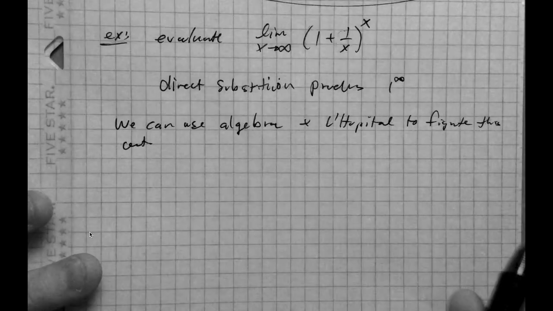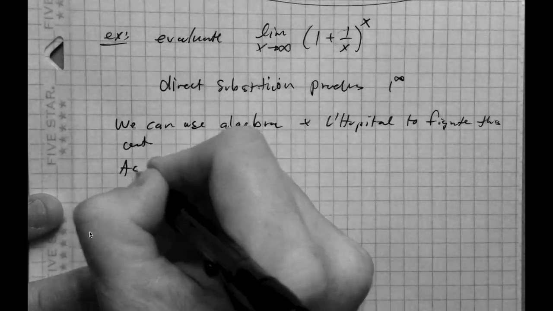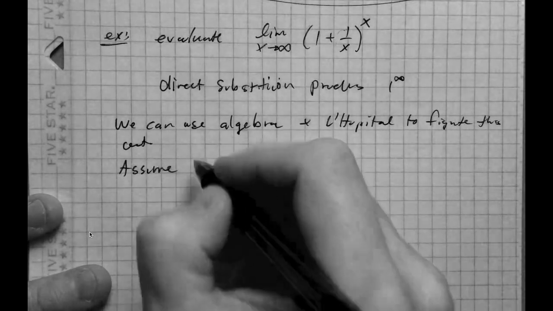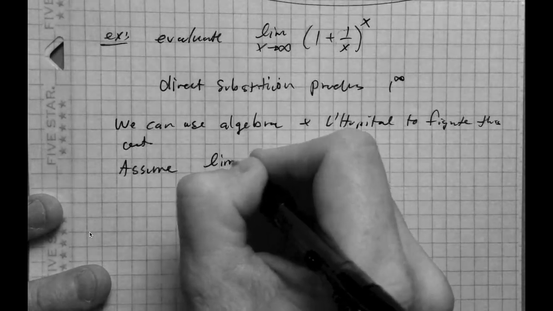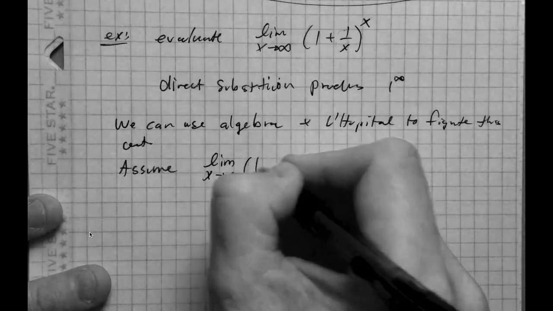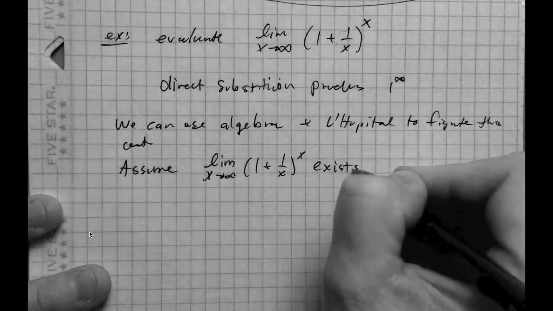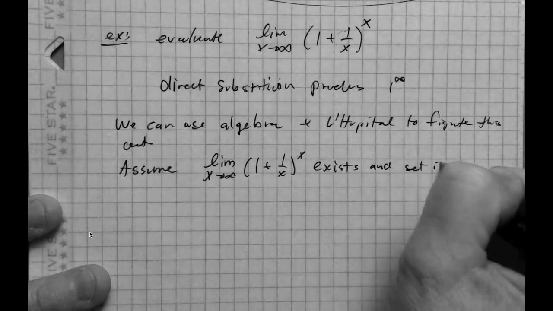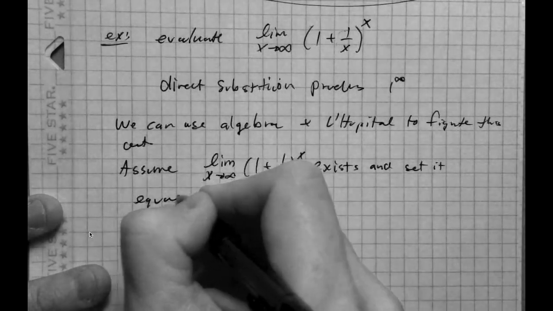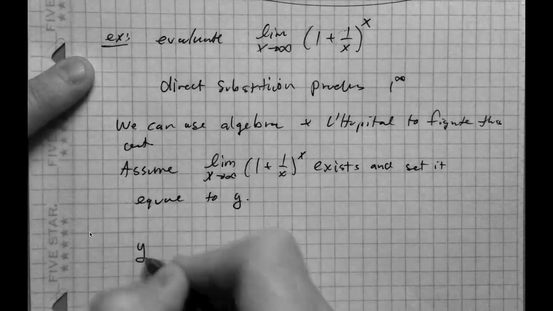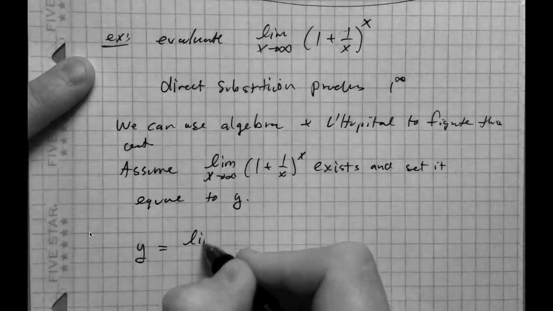So what we're going to do is assume that the limit as x approaches infinity of 1 plus 1 over x to the x power exists, and set it equal to y, some value y. Basically, y equals this limit.